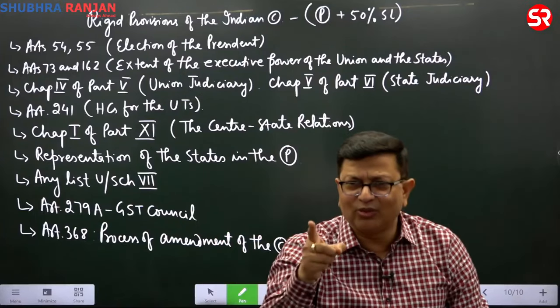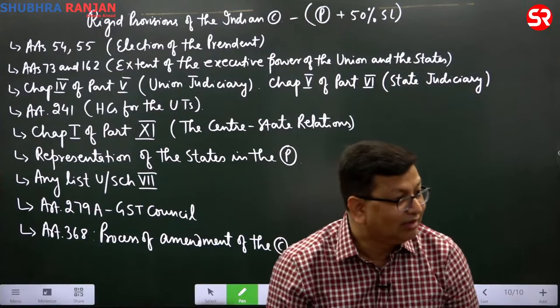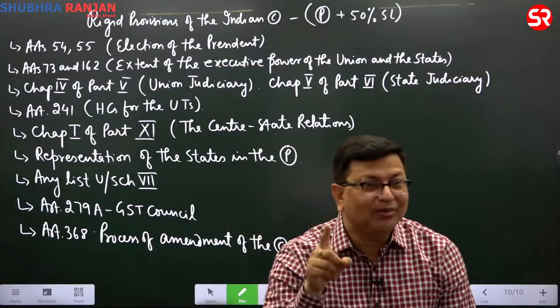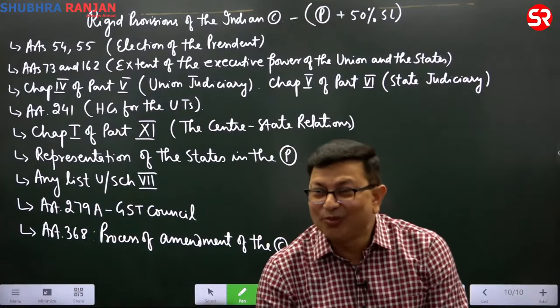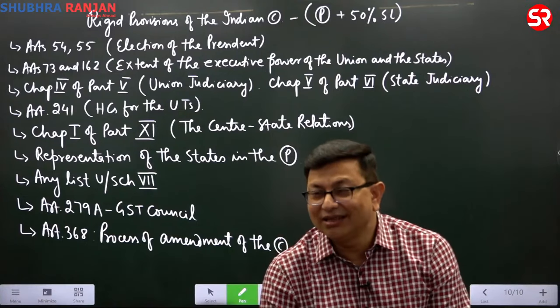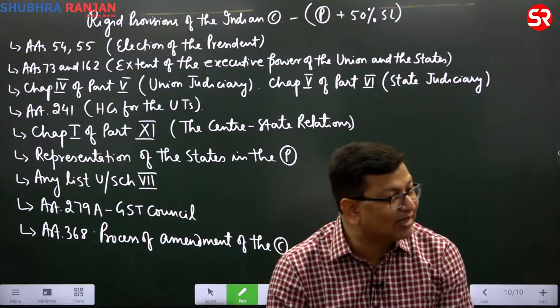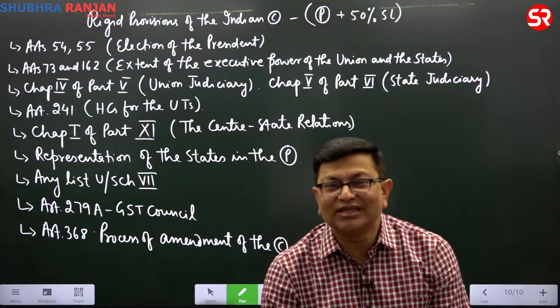Then the states who are not voting for us, their seats should be curtailed. That can be done. But to stop a political party from acting like this, to protect the interest of the states, these aspects have also been made rigid in nature. You can change it, but with the consent of the states.